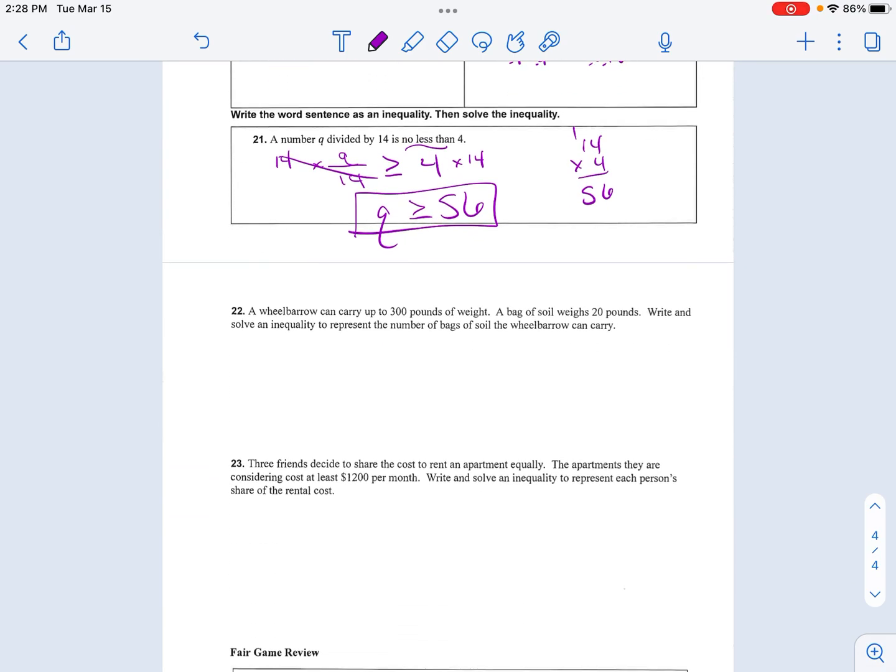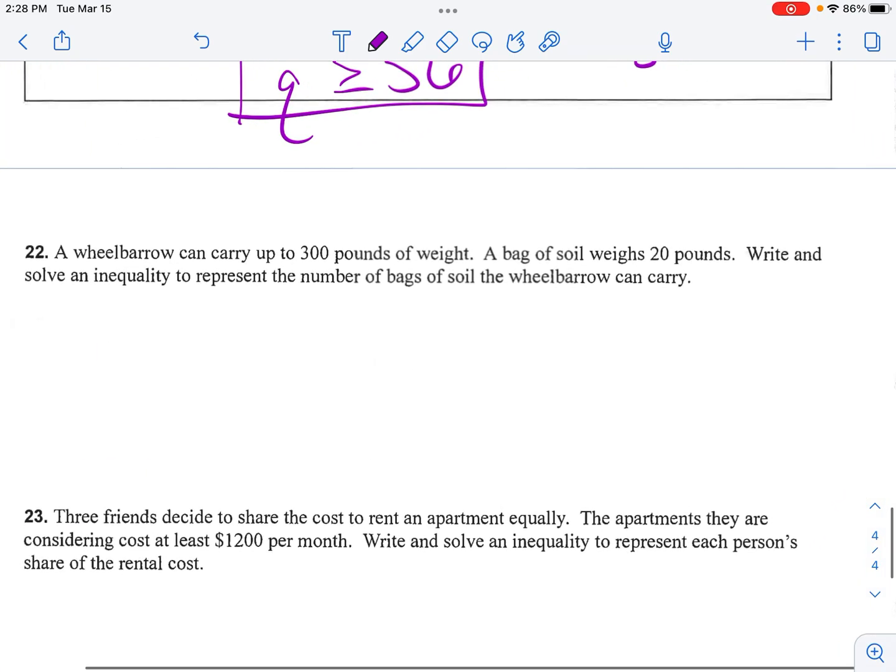And then on the final page, we've got some word problems and review. A wheelbarrow can carry up to 300 pounds, no more than that, so less than or equal to 300 pounds. A bag of soil weighs 20 pounds. Write and solve an inequality to represent the number of bags of soil the wheelbarrow can carry.